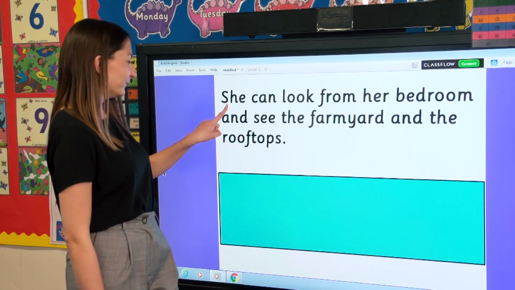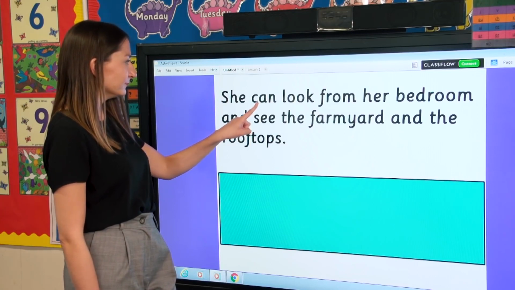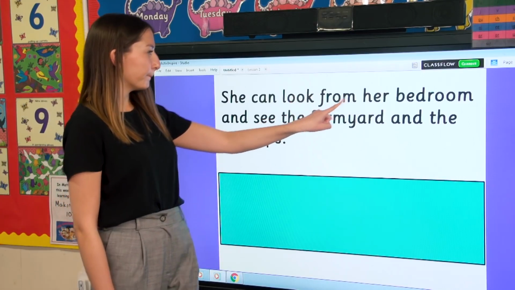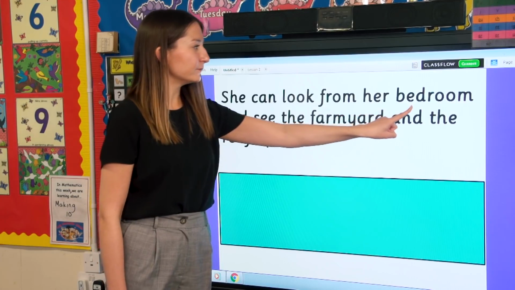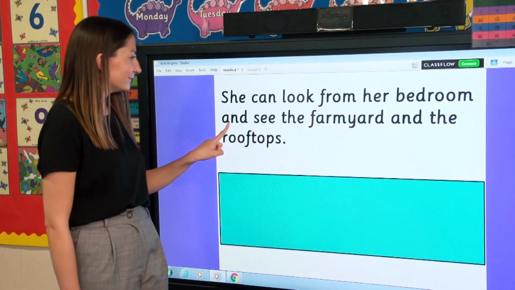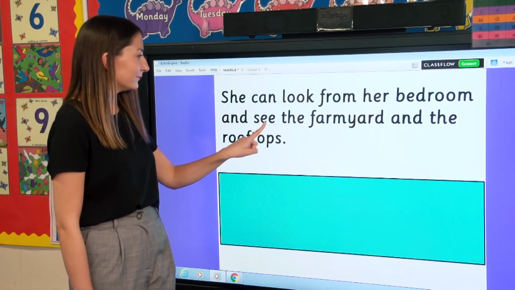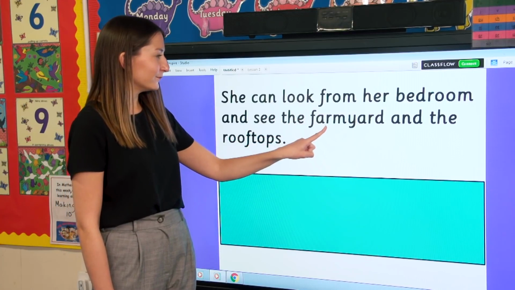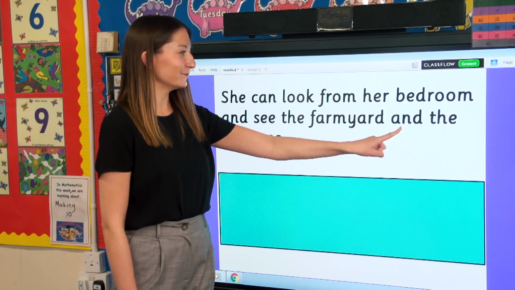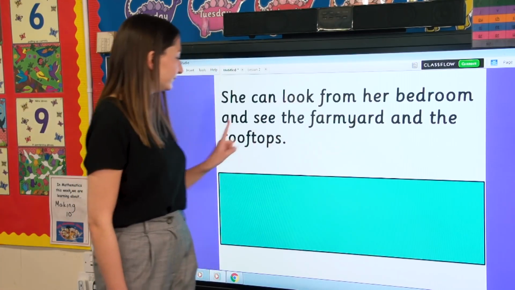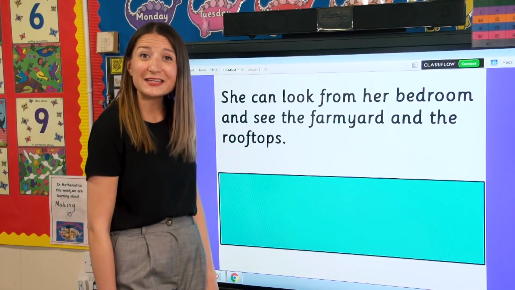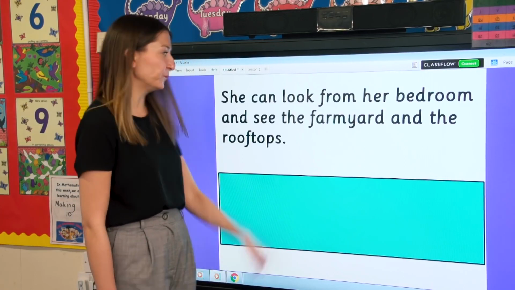Let's go. Excellent reading. Now let's read the sentence together.